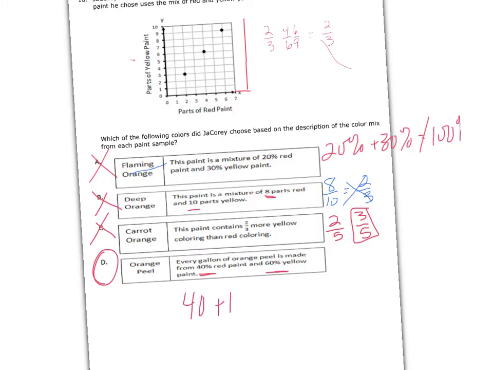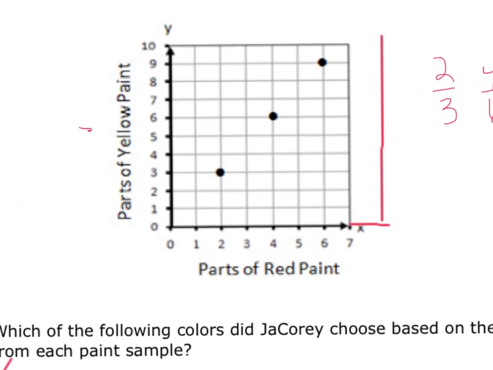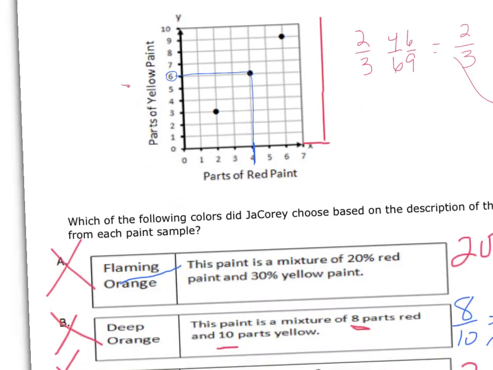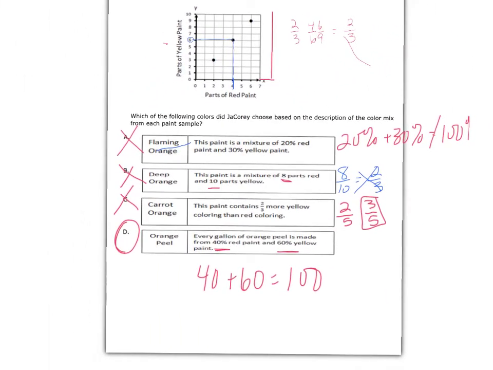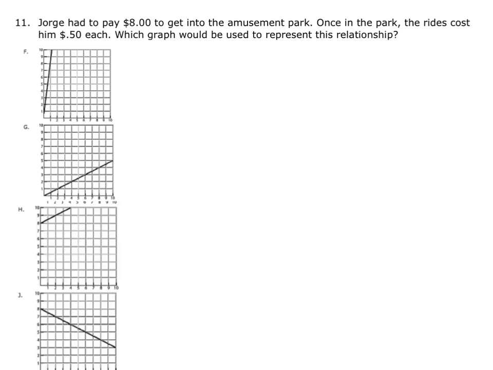So 40 plus 60 does equal 100, and then we need to make sure 40% and 60% makes sense. So when you look back up here, you can see at 40% red, it's 6 parts yellow, so yes, that makes sense. So this one's pretty tricky actually, but that's how you do that one.